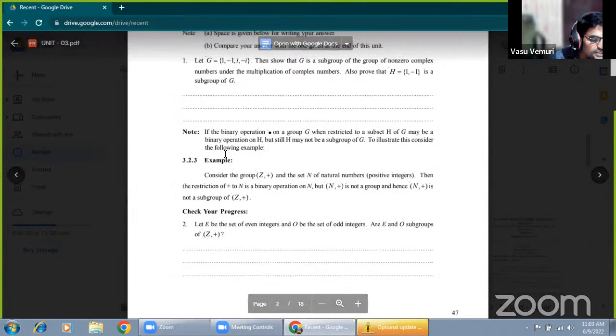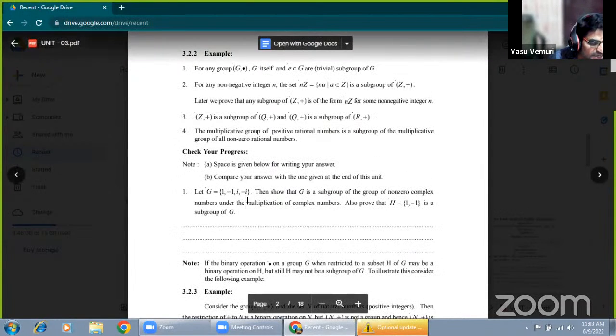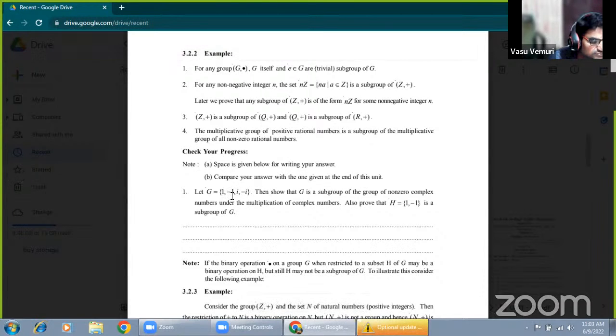Okay. Now suppose capital G equals {1, minus 1, i, minus i}. How to write the subgroup? 1 and minus 1, because 1 is the multiplicative identity. This 1 and minus 1 is also one of the subsets, and that subset must satisfy all the group axioms with respect to the same operation.